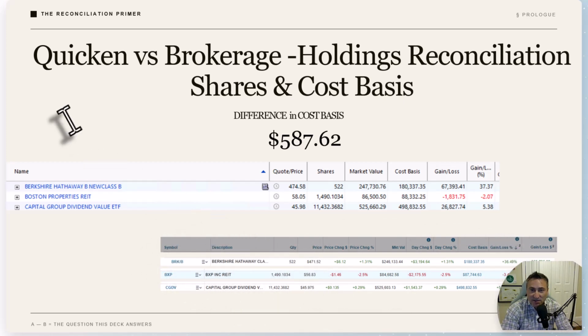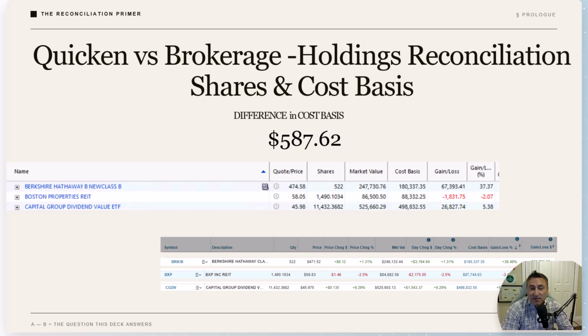These are screenshots here, and this is Quicken up here. These things match, and it also matches for the Capital Group Dividend ETF. But there's a slight difference with Boston Properties, and thus began our investigation as to why there might be a difference in that basis, even though we had all of the activity and everything accurate.